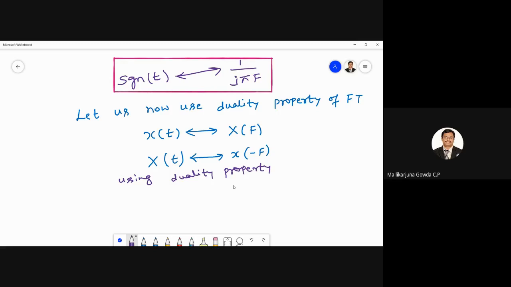That is what I have written: sgn of t is equal to 1 by j pi f. So I can write 1 by j pi t will be written as sgn of minus f.